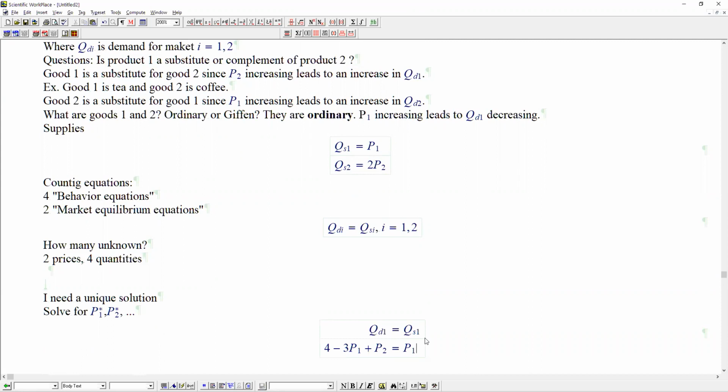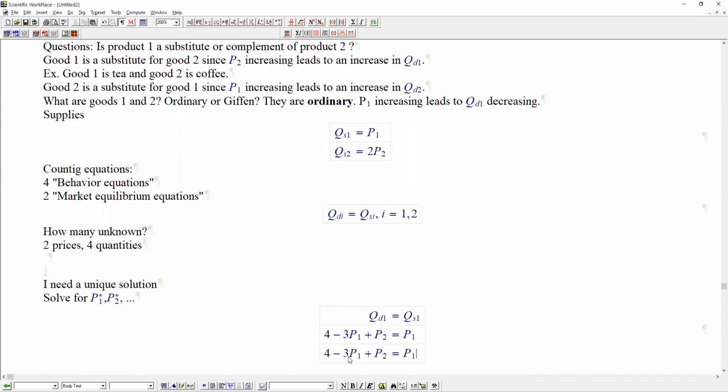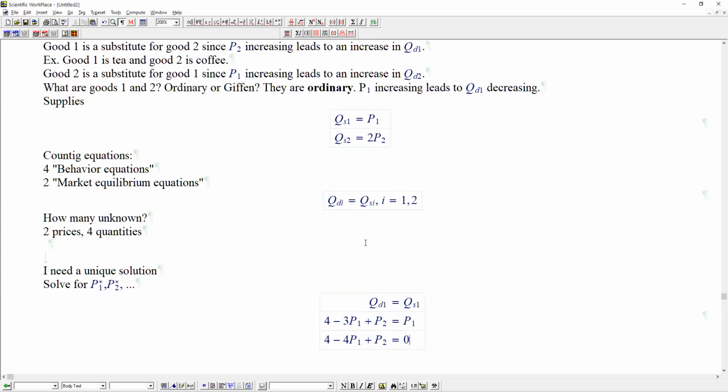Then I get minus 4p1 equals 0. And then I do the same for QD2.